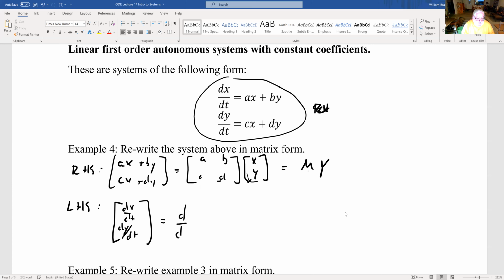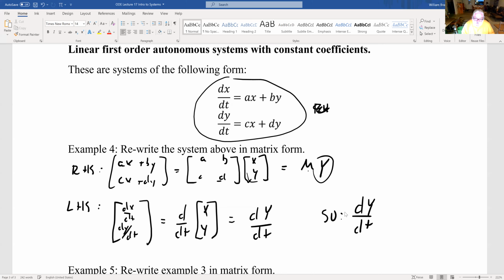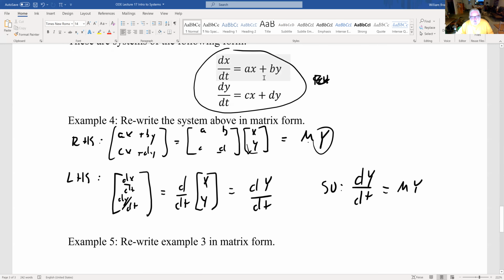That is the derivative of something that's got components x and y, and that's my vector capital Y. So we get dY dt equals M Y. We can rewrite it in matrix form. The matrix of coefficients is a, b, c, d. Y is a vector. And so now we have a nice matrix form for that.